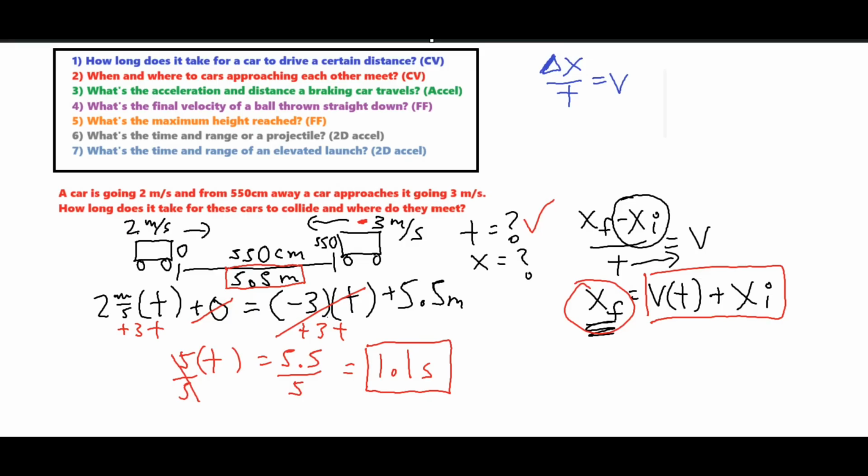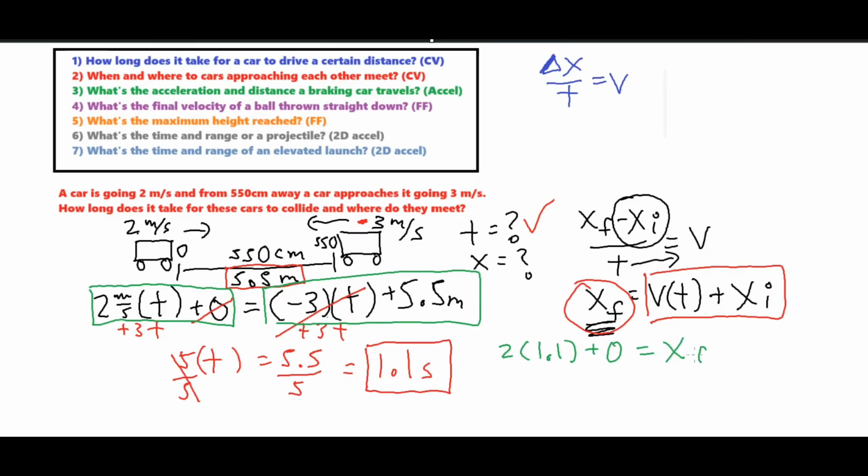For the final position, you could use either one of the formulas to find it. One of your formulas was 2t plus 0, the other one was -3t plus 5.5. 2t plus 0 is going to be the easier one to use. I mean, they're both not very difficult, but 2 times 1.1, and then I'll just put the plus 0 anyways, is going to give us our final position, which would mean our final position is 2.2 meters.